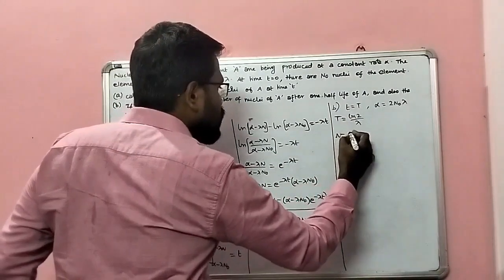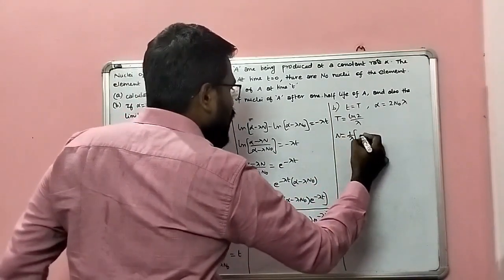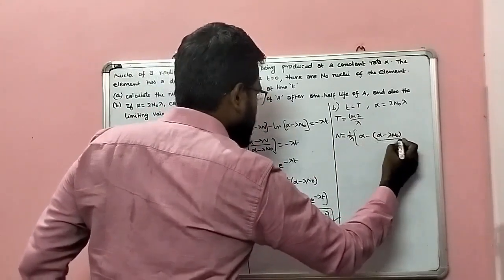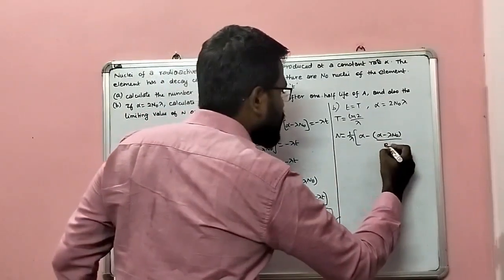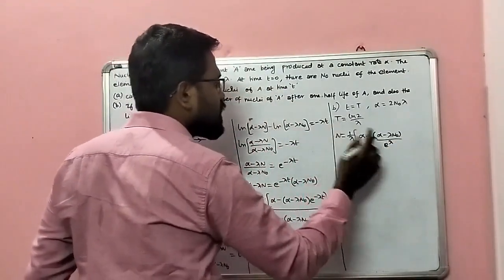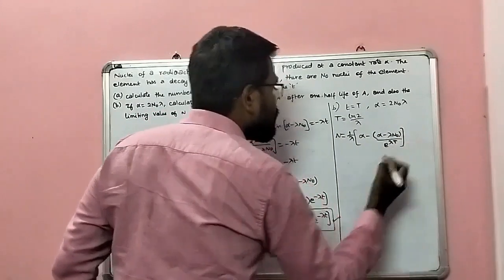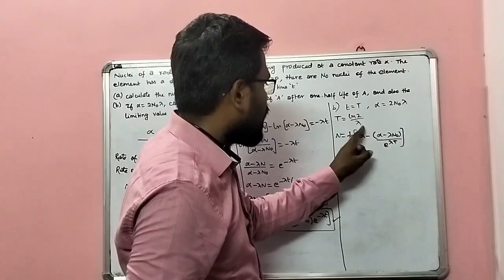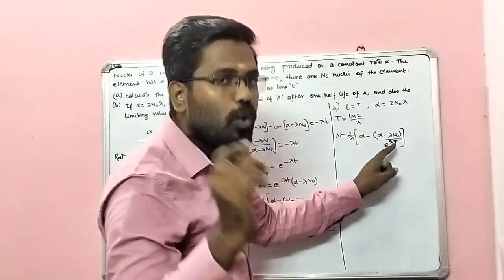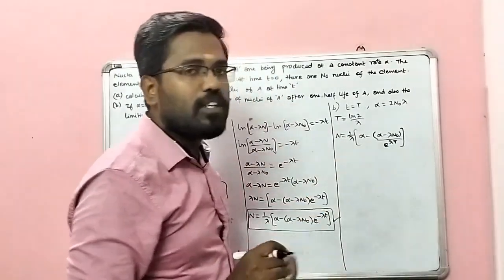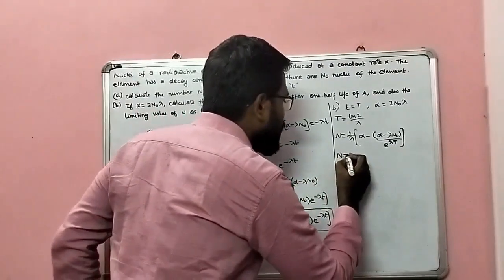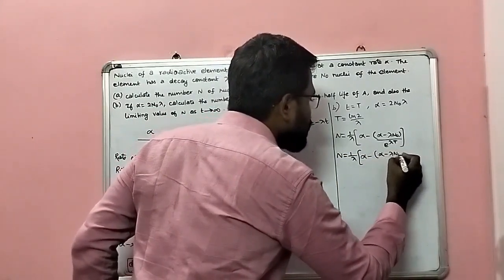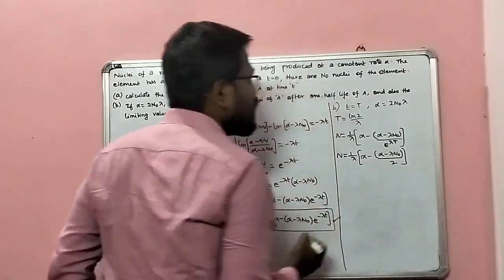Then n is equal to 1 by lambda times alpha minus alpha minus lambda n0 divided by 2.